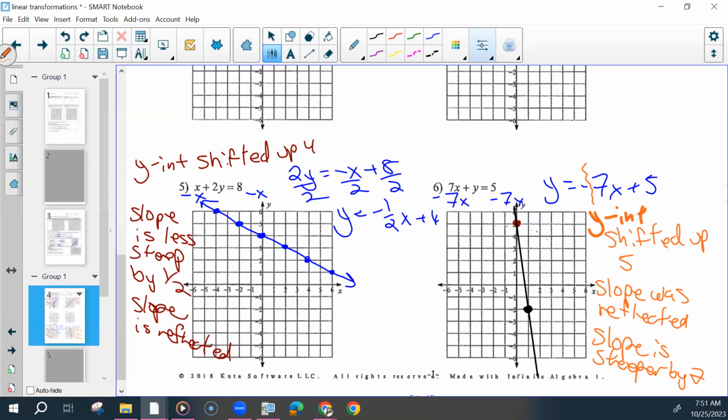Questions on that one? Look on the back. Do we want to do either of those 2 together? I will say be careful because the graph is counting by 2s, not by 1s.